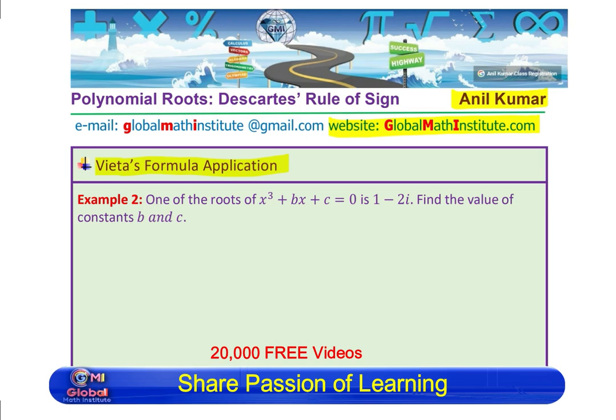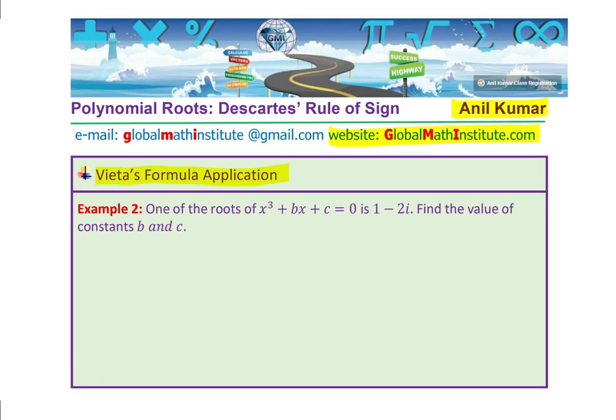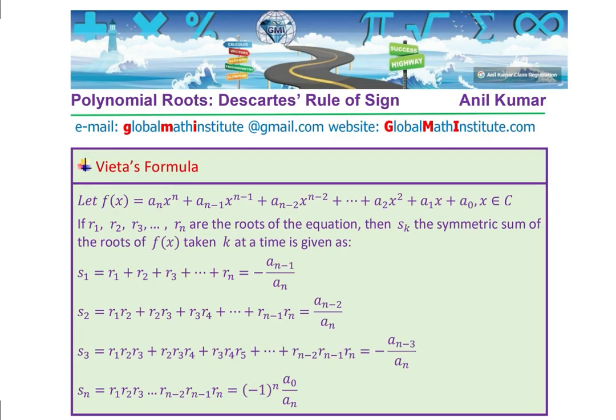Let me remind you of what Vieta's formula is. For any given polynomial of the general form, if R1, R2, R3 are the roots, then the symmetric sum of these roots is given by the ratio of the coefficients. The sum of all the roots is minus a_(n-1) over a_n, with a negative sign.